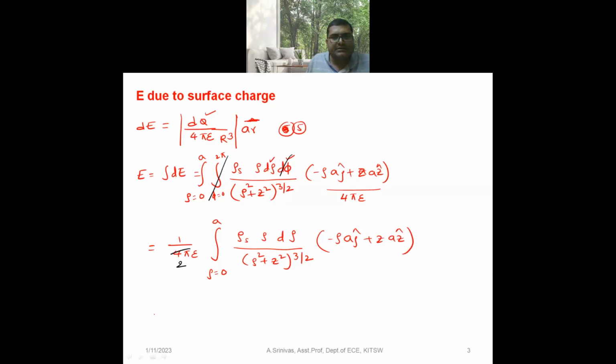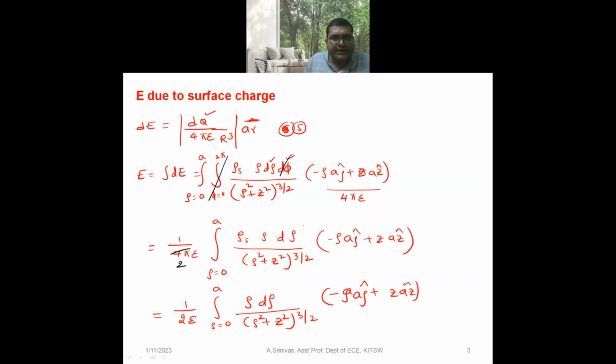Once again, this becomes 1 by 2 epsilon, rho is from 0 to a, rho d rho by (rho square plus z square) power 3 by 2 times minus rho a rho cap plus z a z cap.